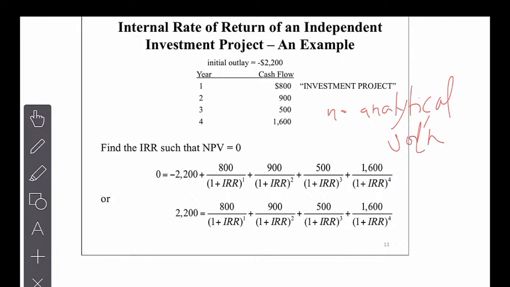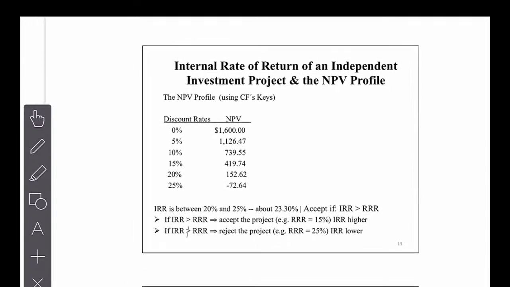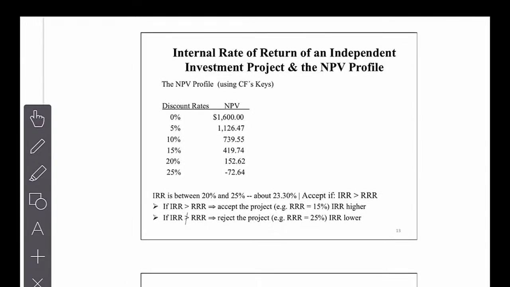So we're going to learn how to use our calculators to solve for internal rate of return. There's a couple of things that have to be pointed out in doing this. Here's an example.